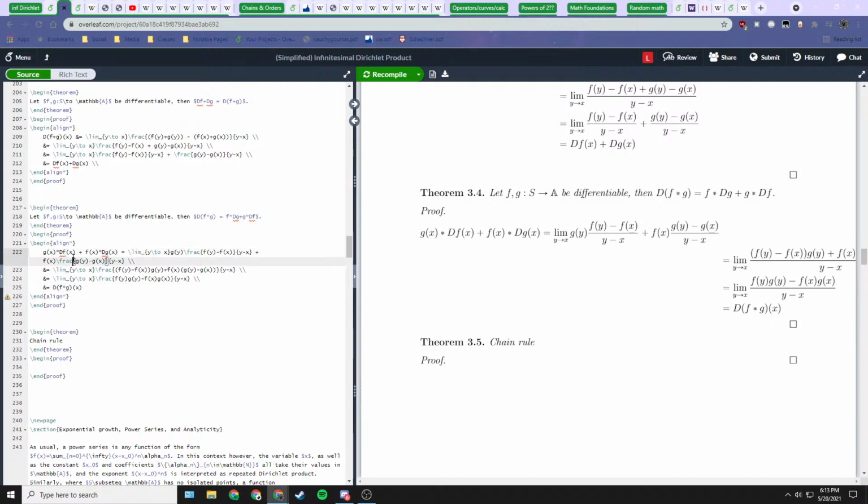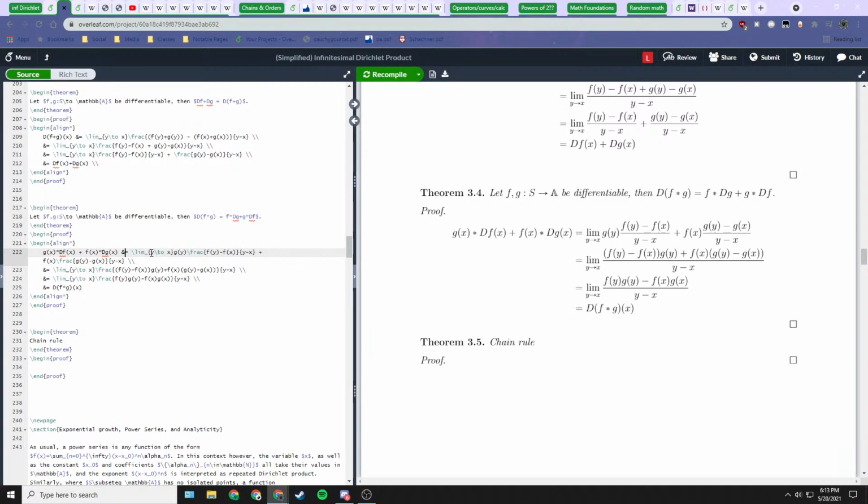Why is it doing that? This is why. I think that should fix it. Okay, yes. So we have g times the derivative of f. That'll give us this g. And if we're ultra concerned, we can also put this g of x out here.